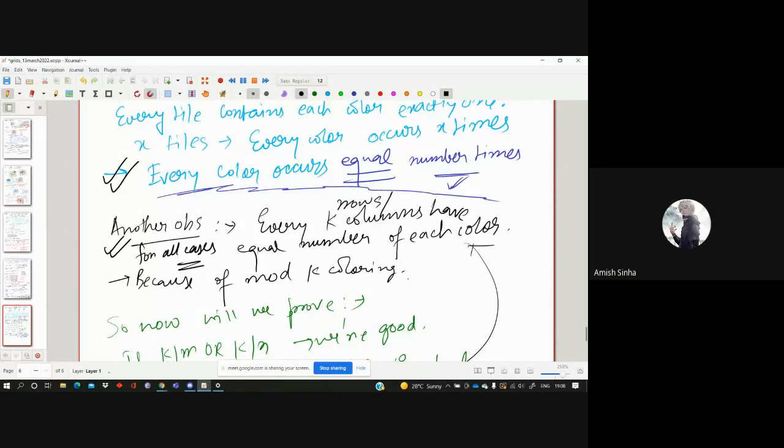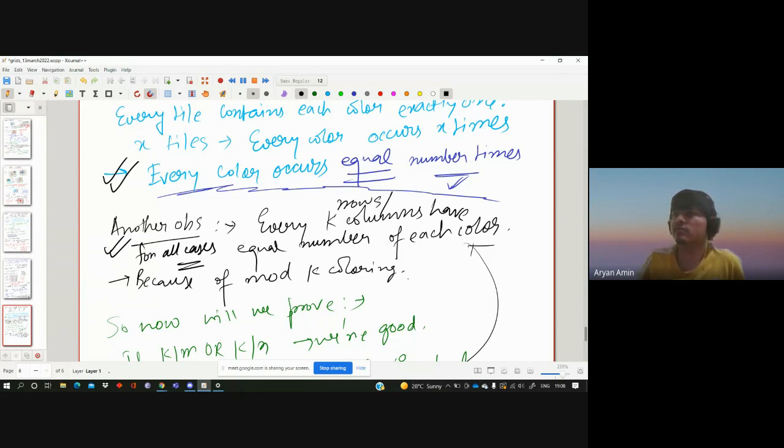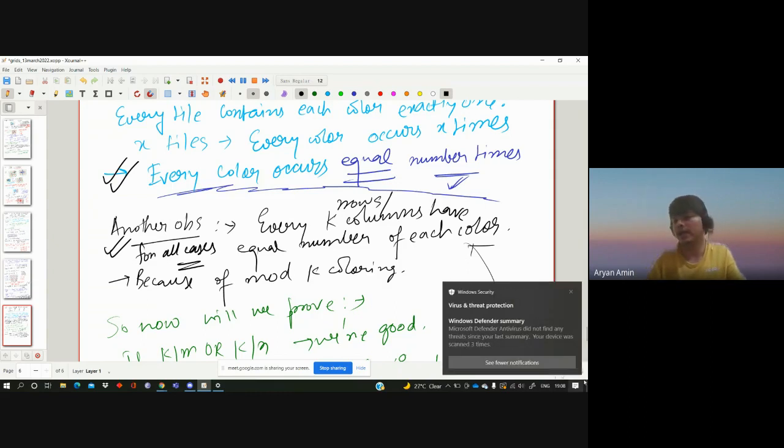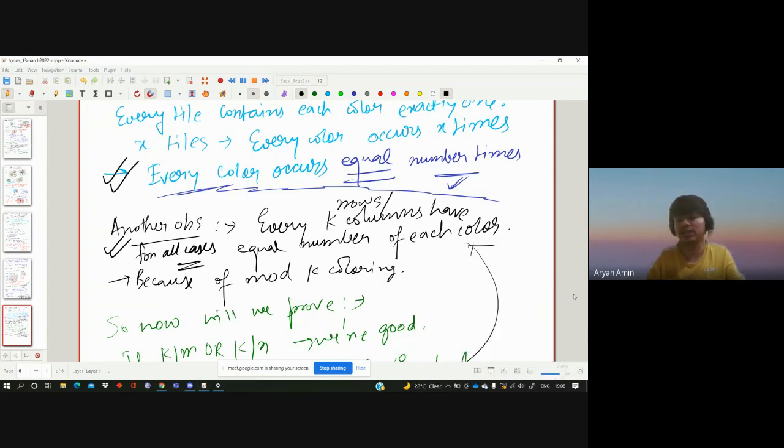Yes. So whenever you are removing k columns, in a general scenario, initially you had k colors, and a given color had f of c occurrences. When you are deleting k rows, you are reducing every fc for all colors c by the same number.